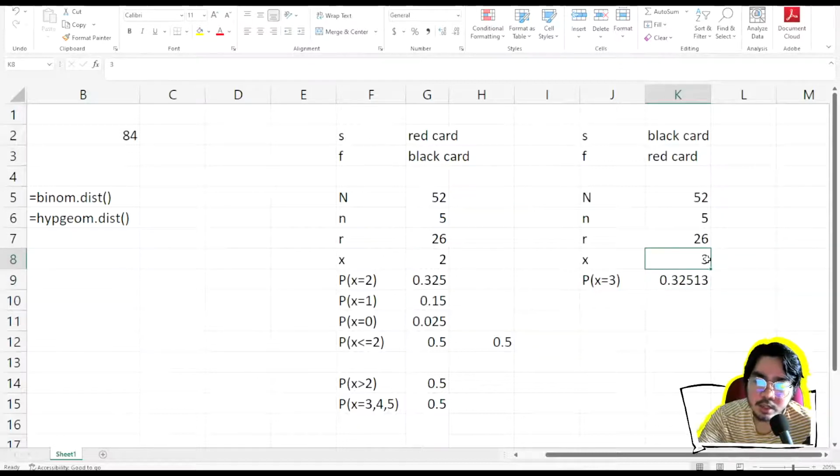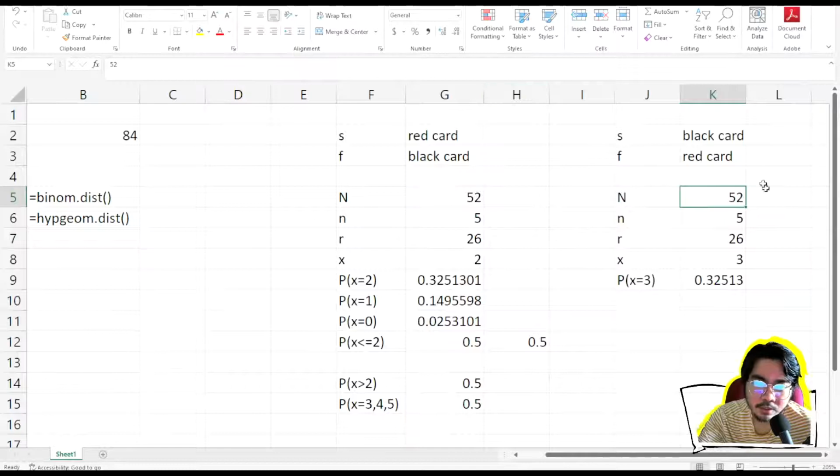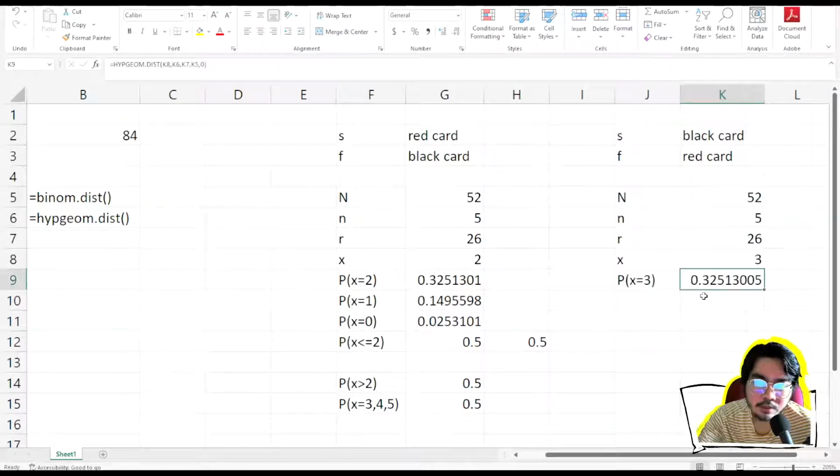This is 3 kasi we have 3 successes in the 5 trials. Tapos 26 pa rin naman yung black cards out of the 52 na standard deck. And if I expand this, pwede ko expand, no? You'll see na equal lang tong 2 values na to.